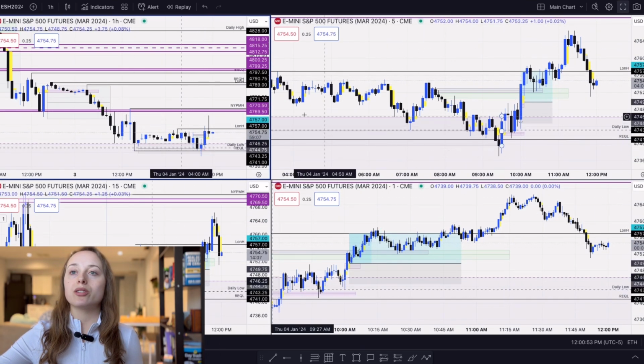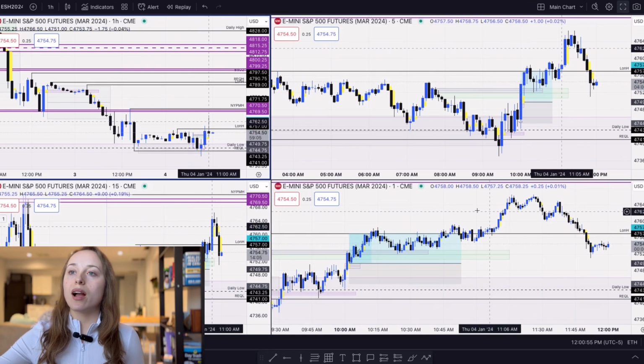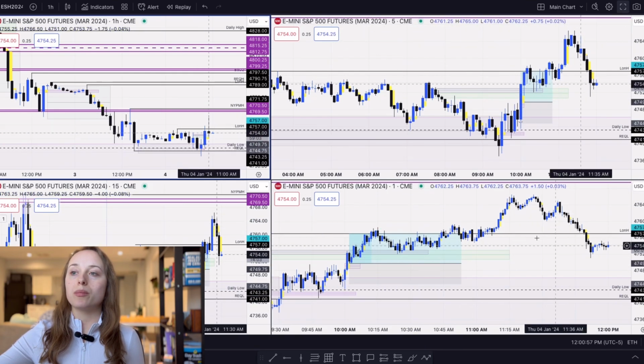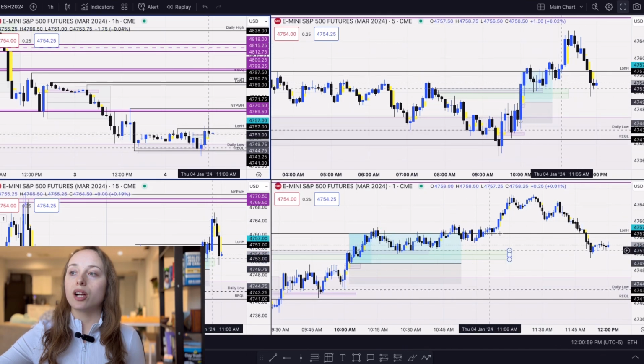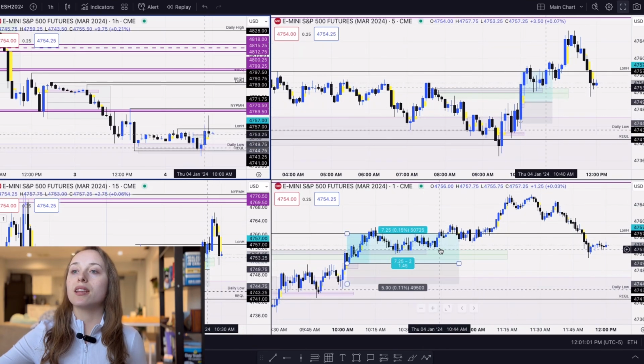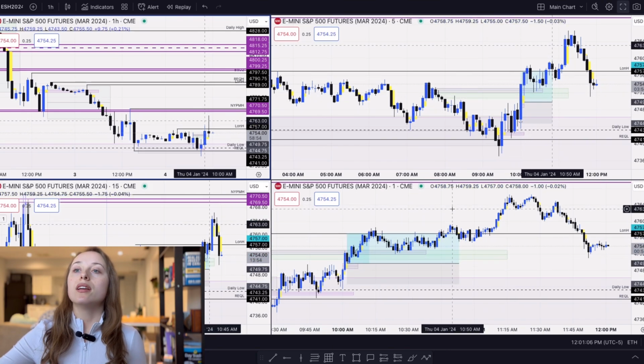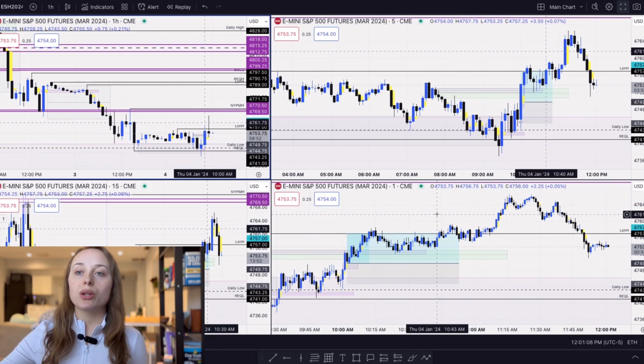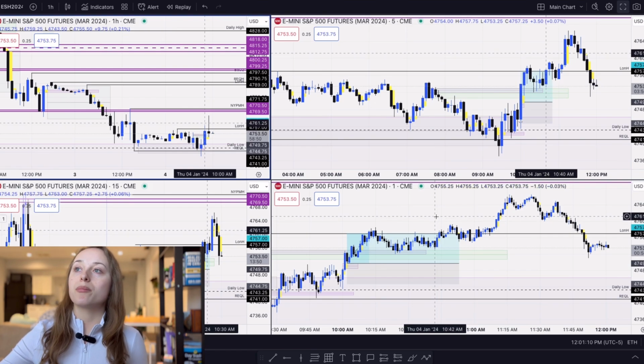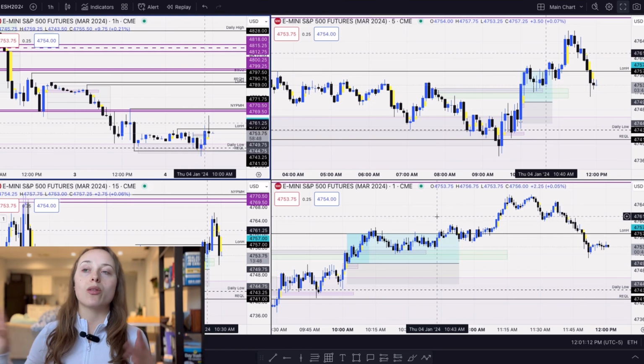I also have a separate tab with just the 1 minute chart open, so I can really dive in on trading the 1 minute and looking for key setups on the 1 minute, but I like to switch it from the 5-minute to the 1 minute time frame.